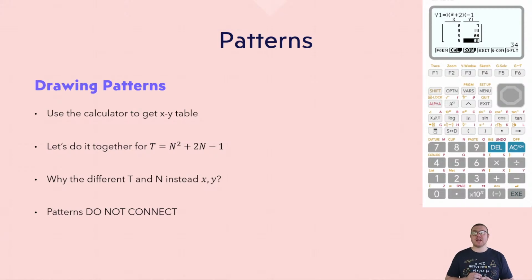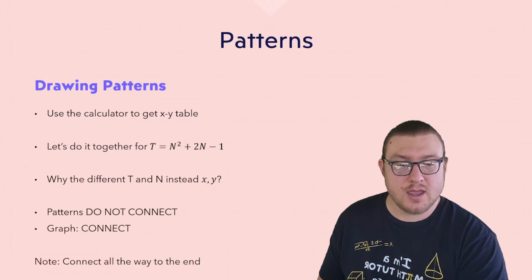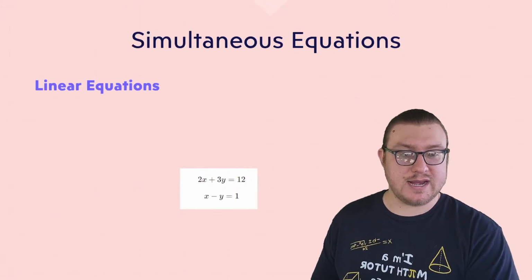You will be marked down if you mark x is 0, or negative numbers, if this is a real-life pattern. Okay, now, connect all the way up till the end.